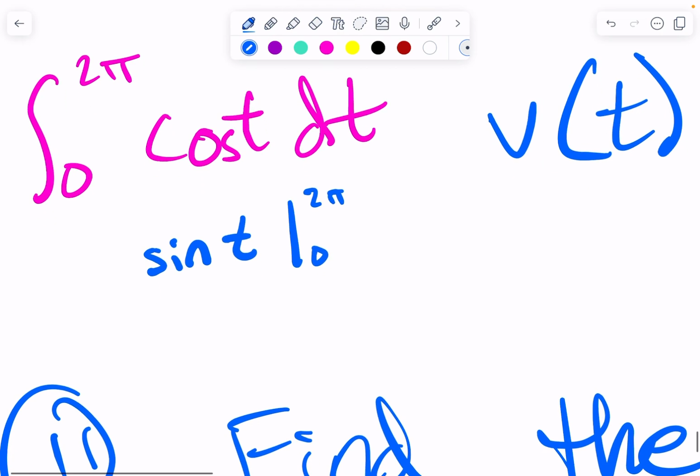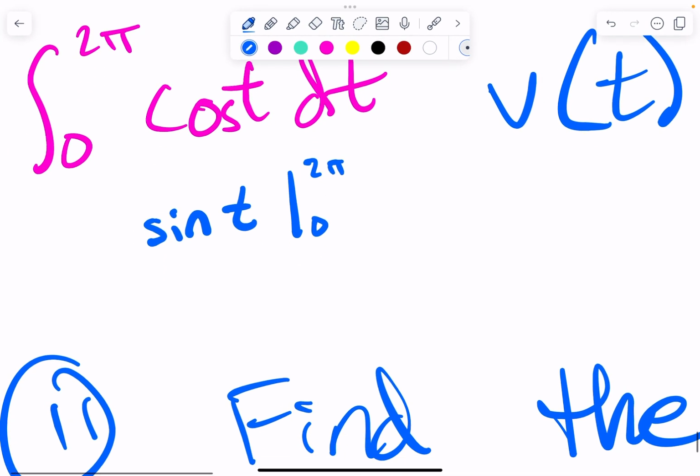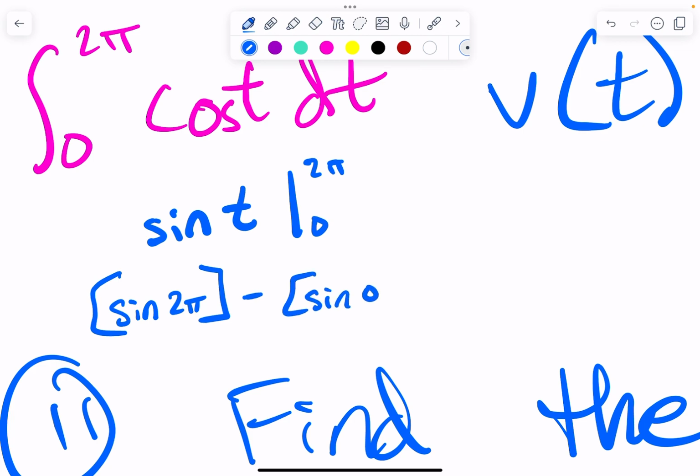Okay, all right, hold on, back up. We've got to plug in 2 pi. Sine of 2 pi minus sine of 0. If you need to look at your unit circle, 0 is here, and 2 pi is in the same spot.